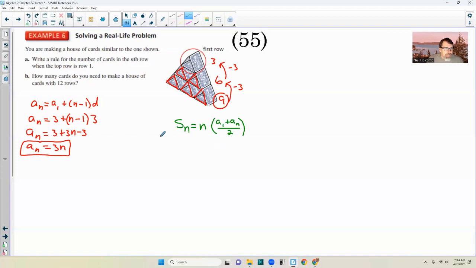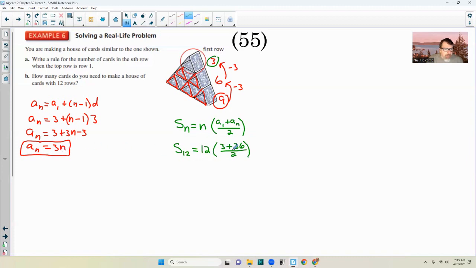Now I can substitute my givens. So how many cards do you need to make a house of cards with 12 rows? So my n is the number of rows, 12. So that's going to be S sub 12 equals 12 times my first term, a sub 1, which was 3, plus a sub n, which is going to be 12 times 3, or 36, divided by 2.